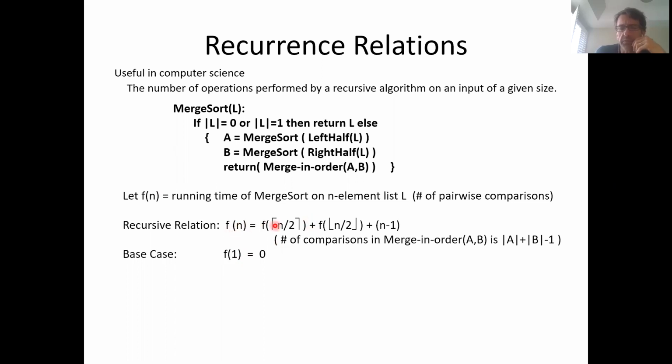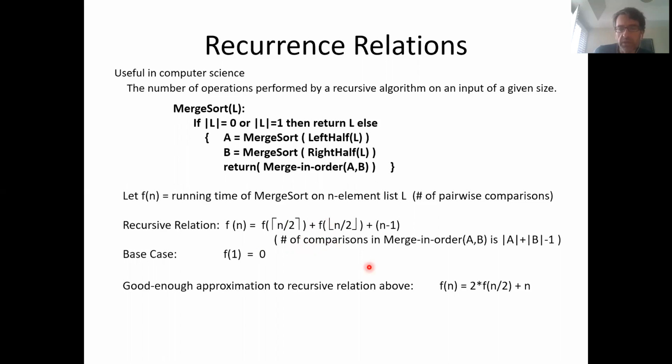A recursive definition, which is the recurrence relation. And I define the nth term in terms of not the previous one, but one of roughly half the size. We're not going to derive this formula explicitly now.